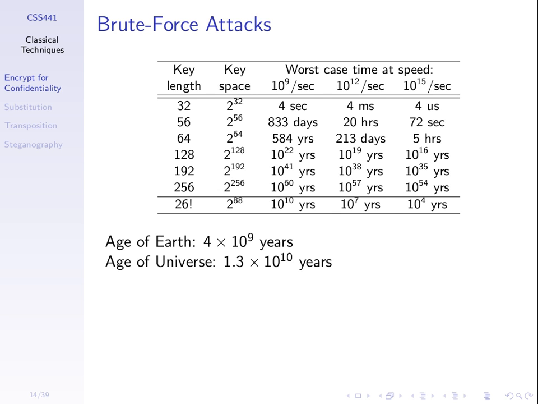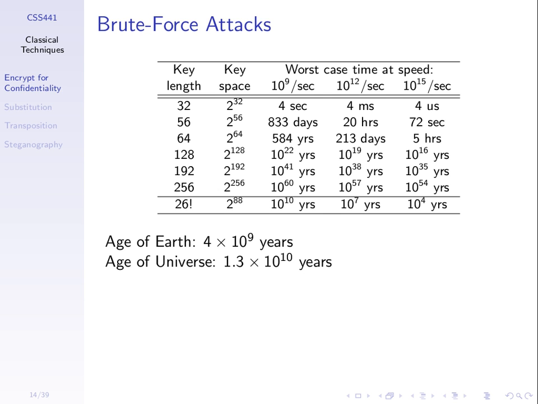Many encryption ciphers today use a key length of 128 bits and even recommend 256 bits. So the secret key is up to 256 bits long. With 128 bits, even if we have 1,000 billion decrypts per second, it takes us 10 to the power of 16 years.